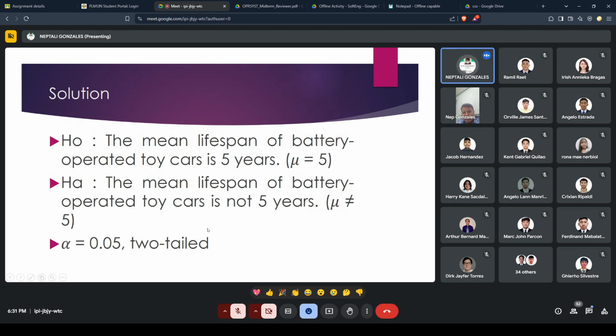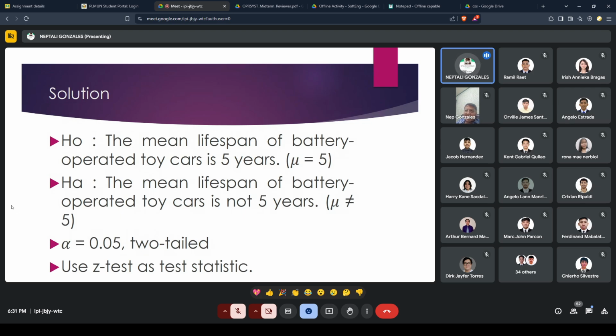So it will be two-tailed. We do not know if the battery will last less than 5 years or greater than 5 years. And it is stated in the problem that we will use 0.05. And it is our decision to use two-tailed to know whether it lasts longer than 5 or less than 5 years.